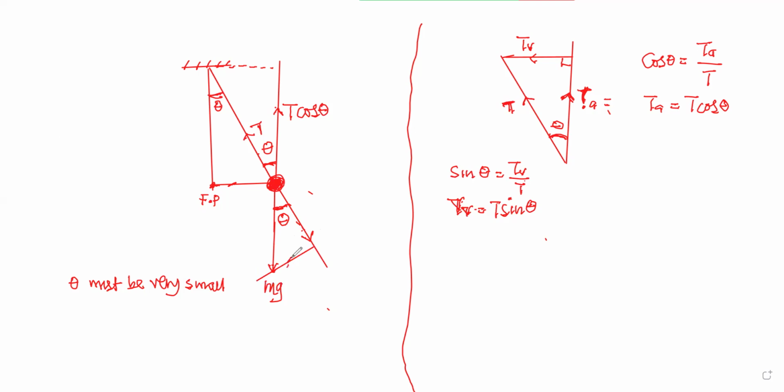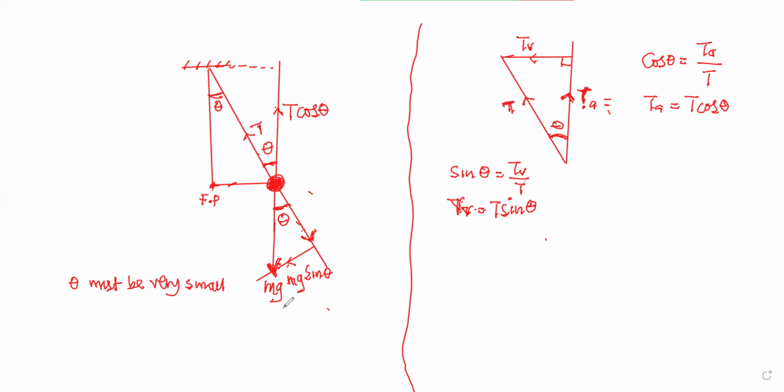So this is the adjacent, and by the triangle law of vectors the opposite must be equal to this. So when we resolve this side, the opposite will be equal to mg sine theta.